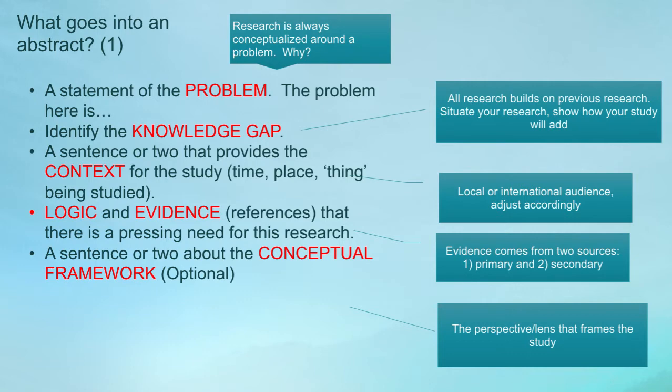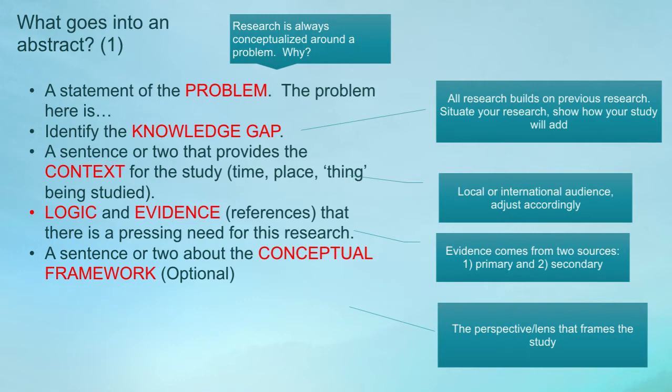If you articulate a problem that is necessary, urgent, and important, you are more likely to get a response from a reader. The knowledge gap, and again here you would put in a sentence or two around the knowledge gap, satisfies the academic premise that all research builds on previous research and provides the academic rationale for this research.